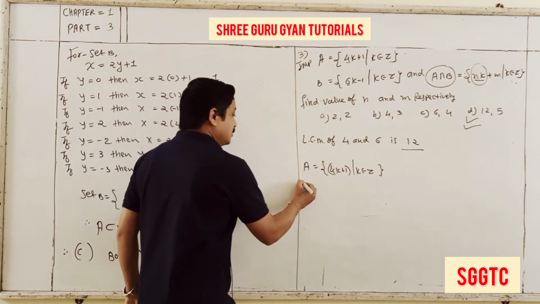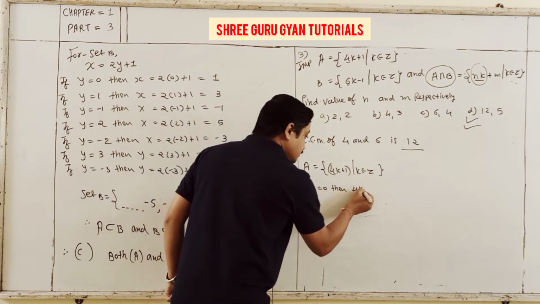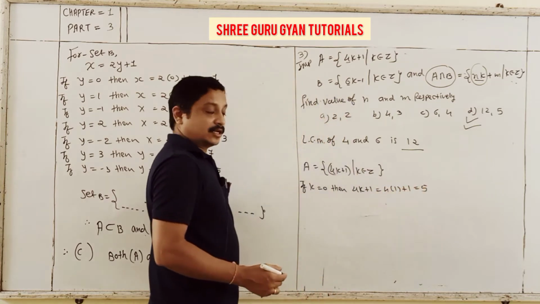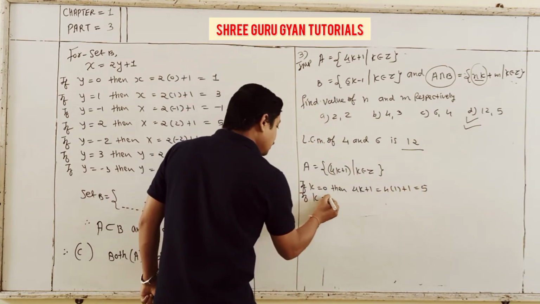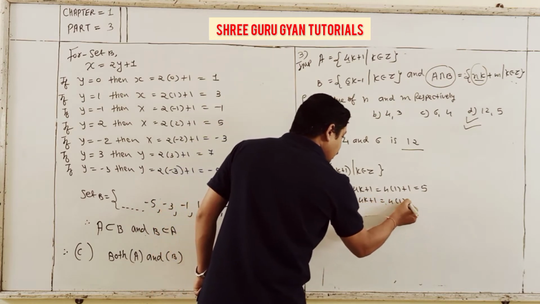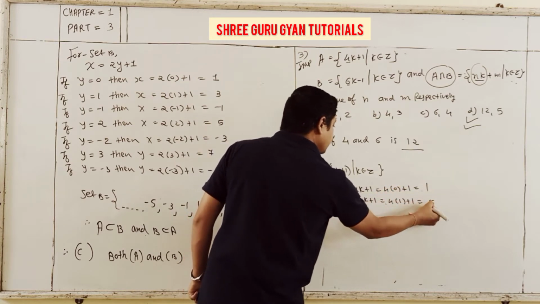Other LCMs are not covered. See here according to the option. Put k = 0, then 4k + 1: 4 × 0 + 1, answer is 1. Next if k = 1, then 4k + 1 = 4 + 1, answer is 5.